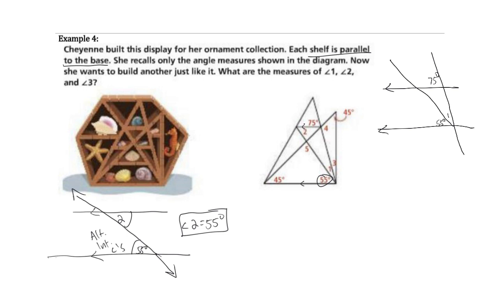If we think about it, 75 degrees and this included angle 1 and 55 degrees together should be equal to that 75 because they're corresponding.